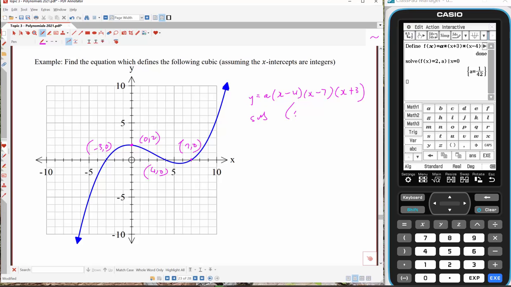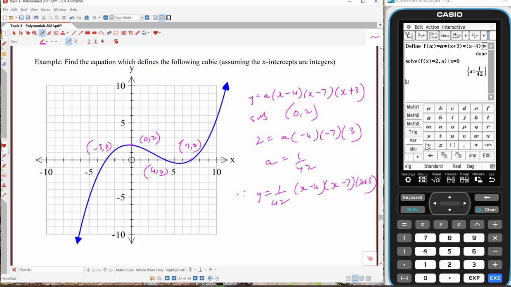Sub in 0, 2: 2 equals a times negative 4, negative 7, 3, so a equals 1 on 42. Therefore, our function is y equals 1 on 42, x take 4, x take 7, x plus 3.